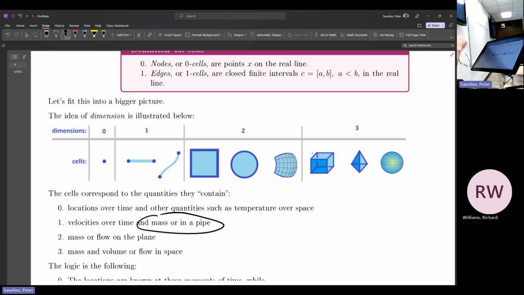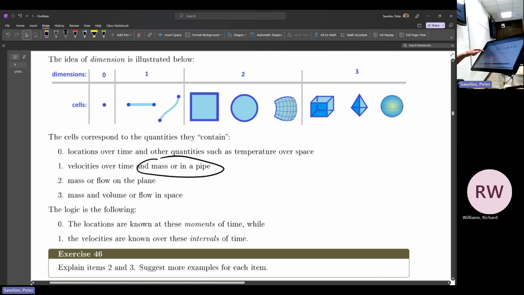Average velocity, and average density and linear density of a pipe. And then we can go to what if it is a plate or a mass volume. Once again, all of these quantities require high dimensional cells. But we'll stick to dimension 0 and 1.